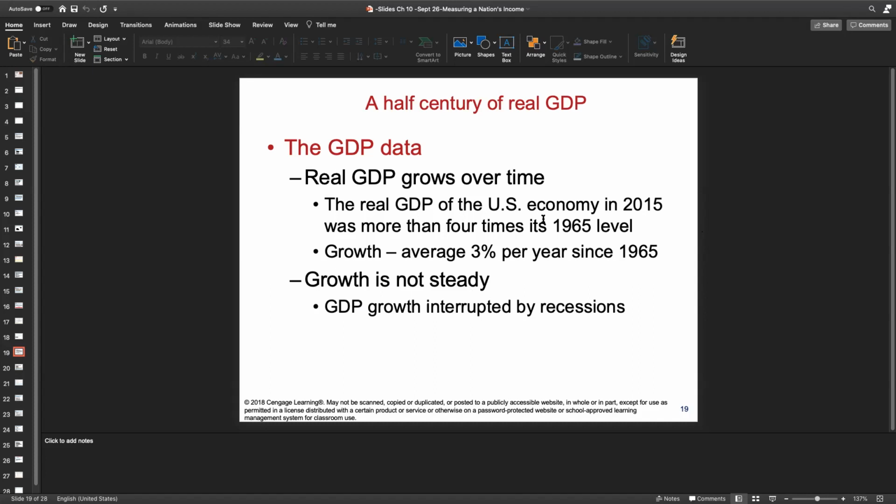The real GDP of the US economy in 2015 was more than 4 times what it was in 1965, and that's the same for most countries. All countries had an increase in real GDP. The growth for the United States averaged 3% per year since 1965. The growth is not steady, and real GDP growth is interrupted by recession. So there are a lot of ups and downs, but the trend usually is positive.